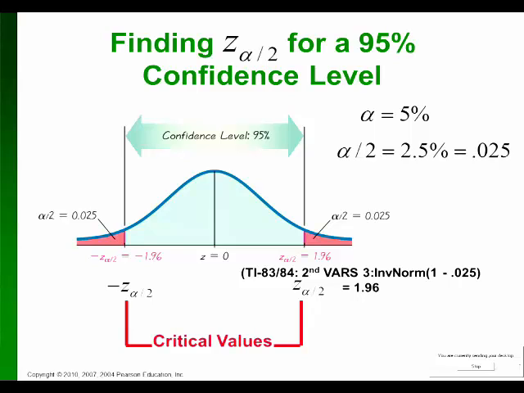Well, I just said I wanted to be 95% confident, so what is alpha? 0.05. What is that divided by 2? 0.025. So to find the z-score that has 2.5% of values to its right, I have to use inverse norm.